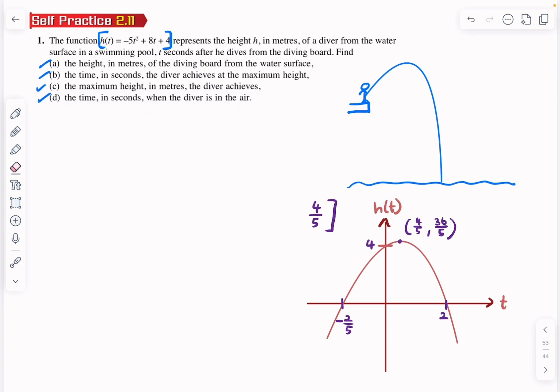Let's look at A. The height in meters of the diving board from the water surface. If you realize, this trajectory is this one, so we don't need this part. I can just erase this.